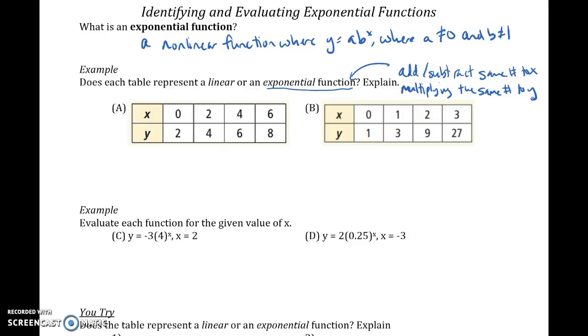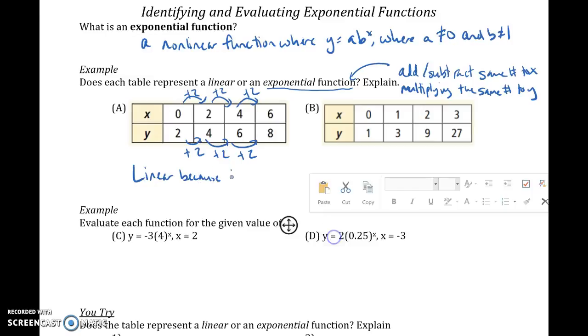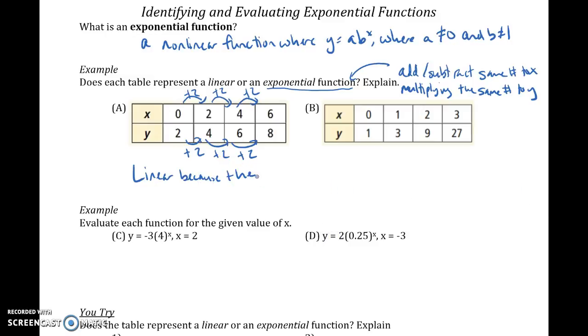So with a, with x, I'm going to notice, okay, this is plus 2, plus 2, plus 2. Great, so that's true for both linear and exponential. Then I want to see what's happening to y. So I'm looking at this y, and I'll see, okay, plus 2, plus 2, plus 2. So this is linear because there's a constant rate of change for x and y.